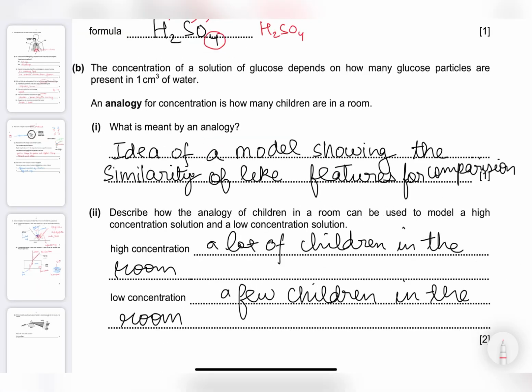Now, an analogy for concentration is how many children are in a room. What is meant by analogy? Analogy is a way of comparing two things that may be different but may have something in common. For example, I can say a nucleus is like the brain of a cell. Now, this is an analogy.